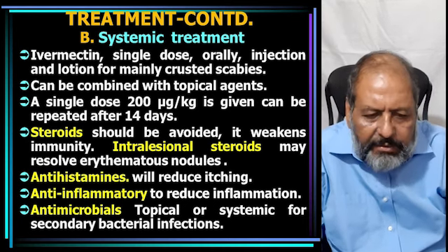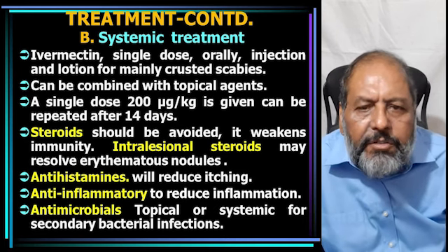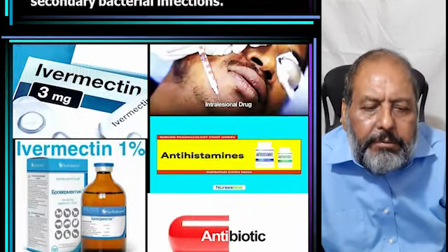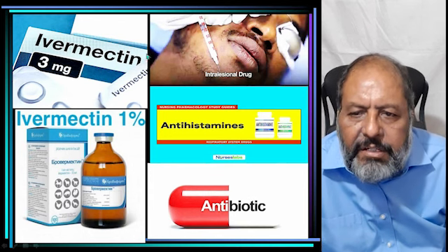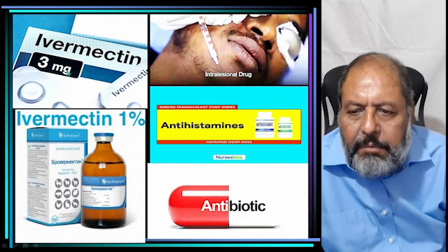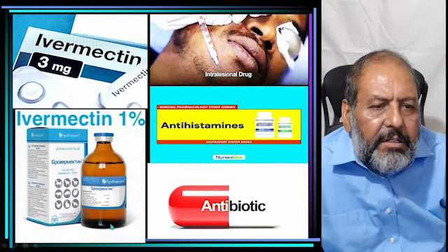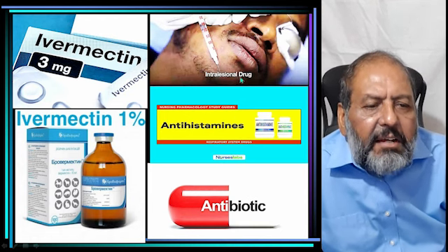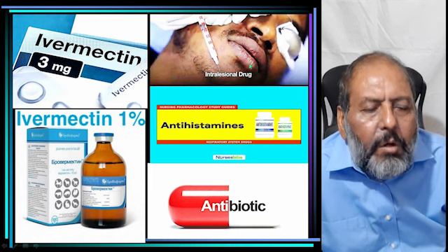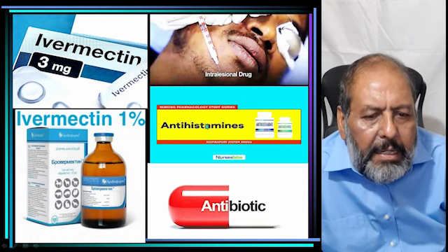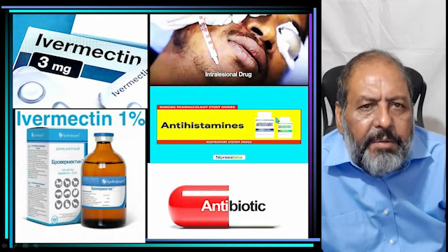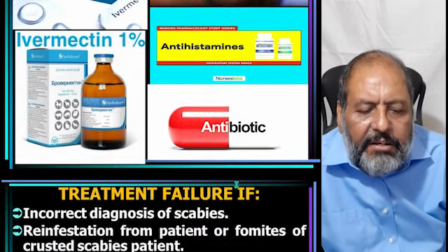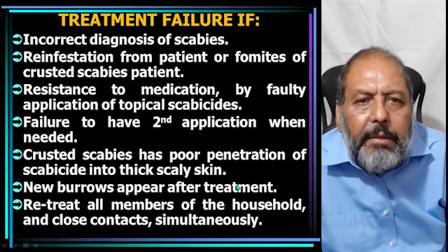Antimicrobials are sometimes given topically or systemically to treat the secondary bacterial infection. And here one can see the ivermectin 3 milligram tablet and ivermectin injection, and the intralesional steroid drug, and that is the antihistamine for pruritus and the antibiotic for secondary bacterial infection.